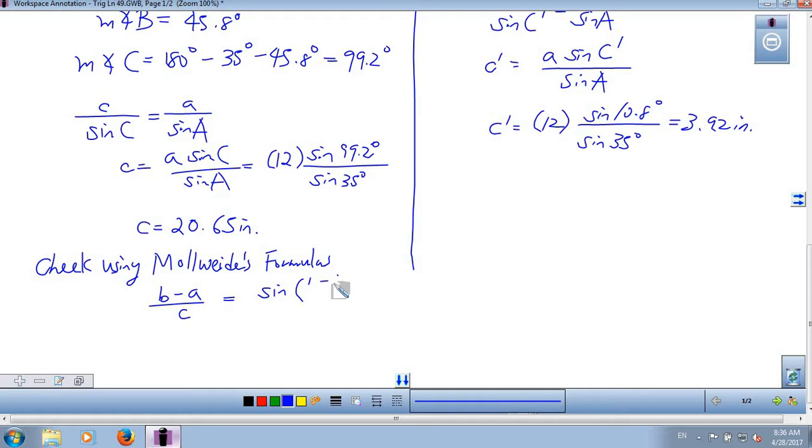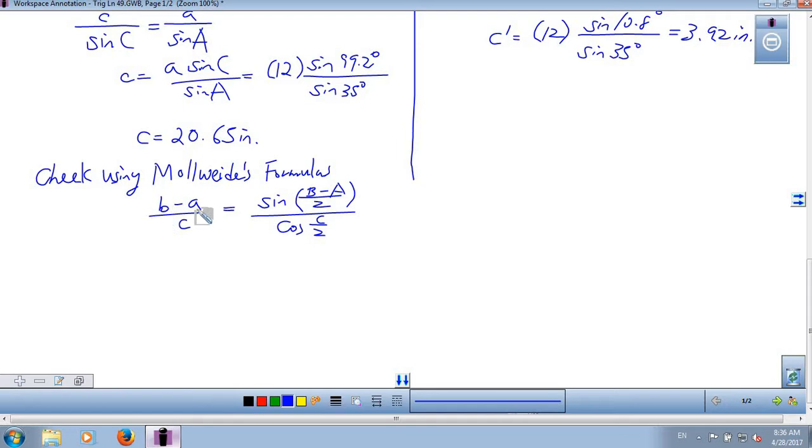So this is (b minus a) divided by c equals sine of (B minus A) divided by 2, divided by cosine of C divided by 2. Alright, so for this formula, we're going to use b minus a for the sides. So 15 minus 12 inches divided by c, which is 20.65 inches.